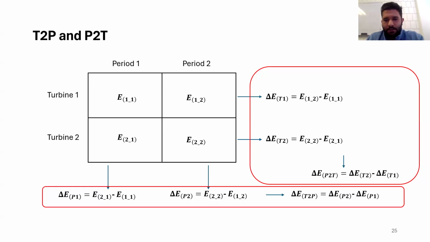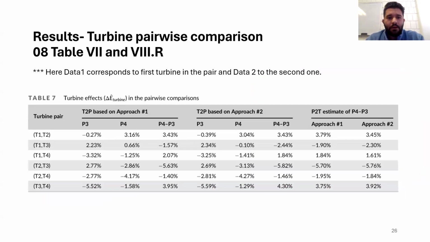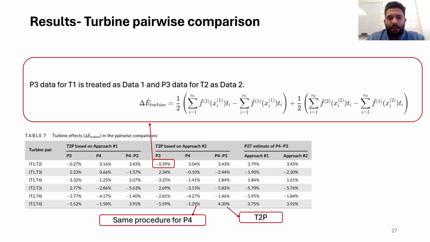Actually, we expect these two delta E's to have at least close values. In this table, the author actually goes through the T2P approach. So it takes each pair of turbines from T1, T2 until T3, T4, and it computes the delta E for period 3 first.